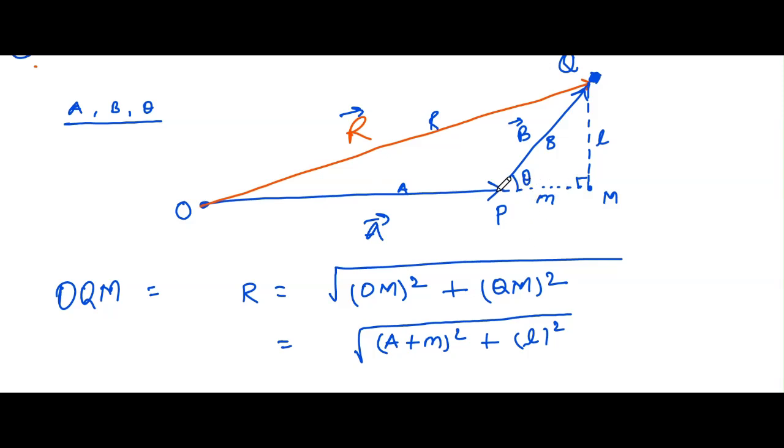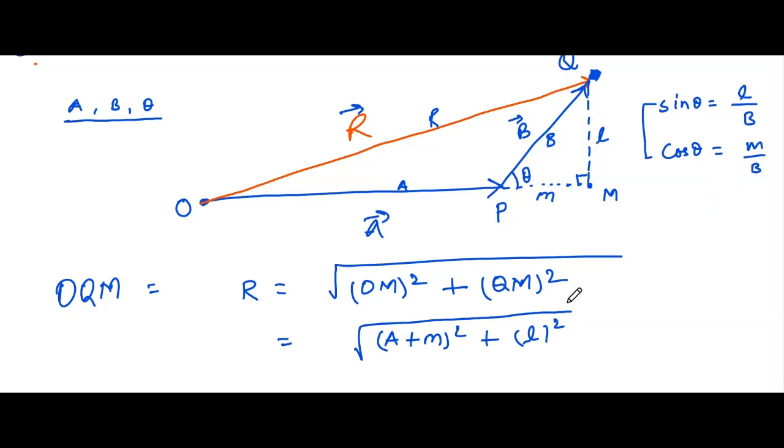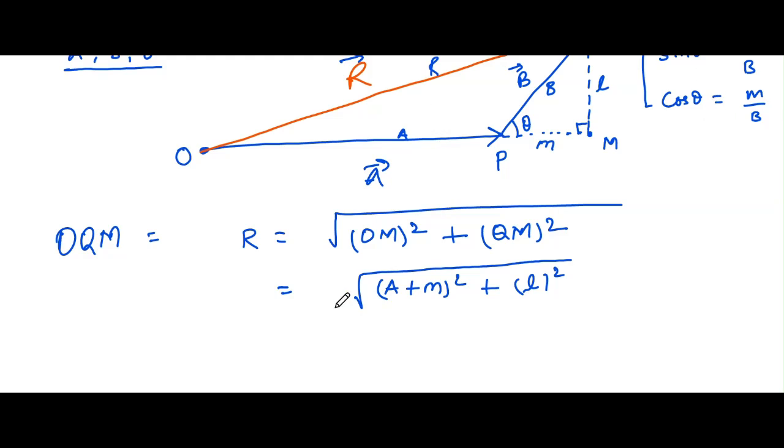So in triangle PQM, we can say sine theta equals L by B, and cos theta equals M by B. So from these two, we can write M equals B cos theta, A plus M equals A plus B cos theta, and L equals B sine theta.